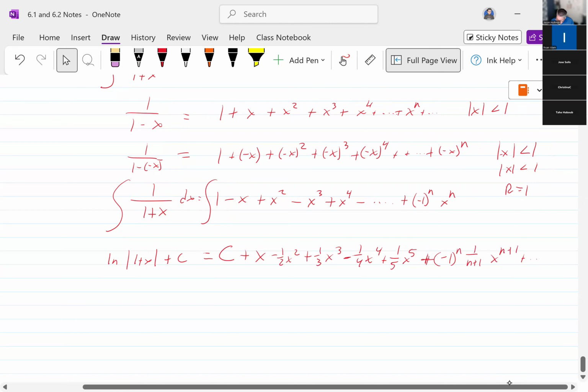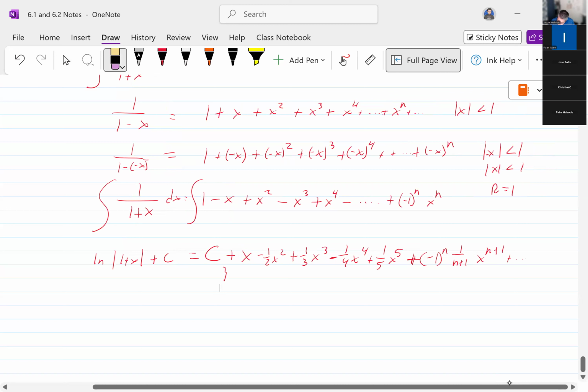Now what's the constant here? Can we solve for the constant? Yes, we can. We're going to let x be 0 to solve for c. So when I let x be 0, what's the natural log of 1 plus 0?